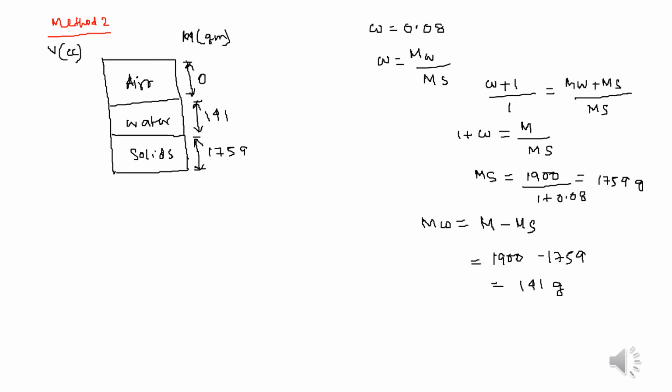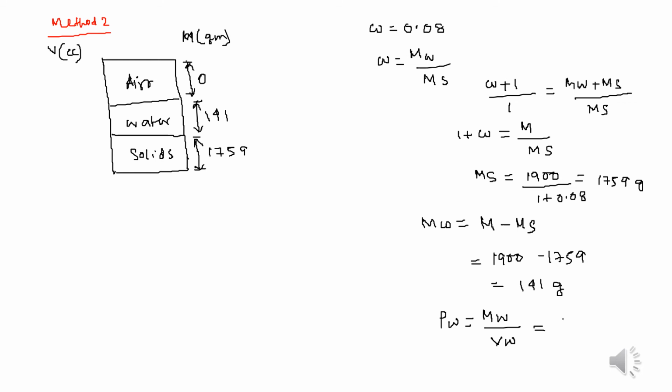Okay, so now let us find out the respective volumes of the air, water and solids also. Suppose my density of water, we know it's equal to mass of water by volume of water, right? All these definitions we have read in part 1 of the lecture.